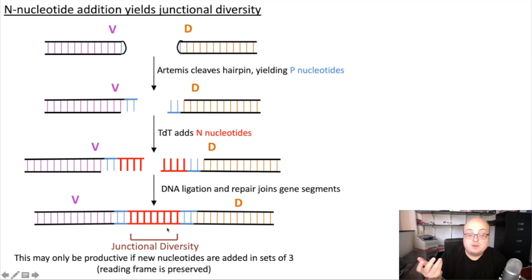This is going to make new amino acids, and in the case of immunoglobulin molecules, this only works if we add a multiple of 3 nucleotides, because remember that amino acids are encoded by 3 nucleotides each. We really need to add either 3 or 6 or 9 or 12 nucleotides total in order to preserve the reading frame of the downstream gene. Sometimes a frame shift is fine, but in the case of immunoglobulin molecules, this usually only works if you add a set of 3.